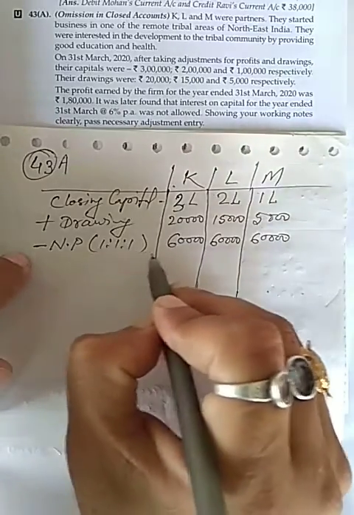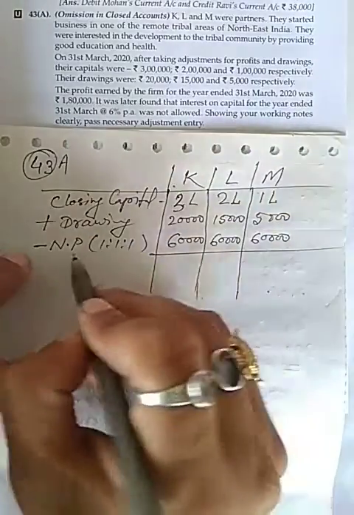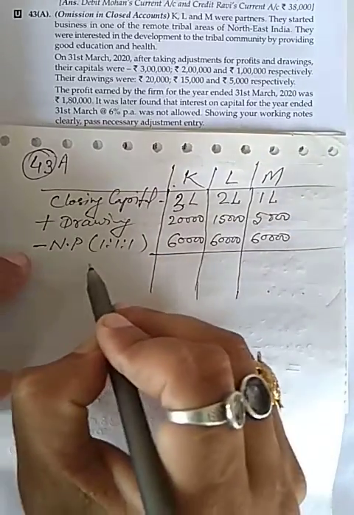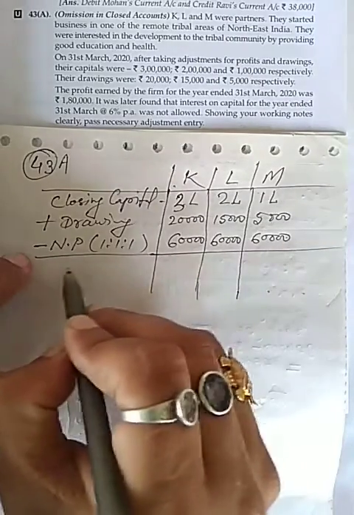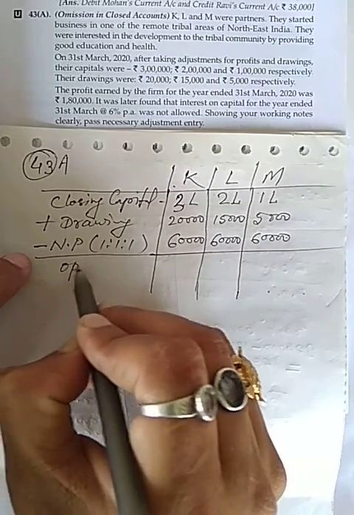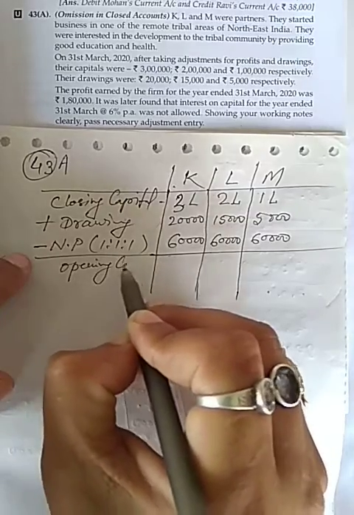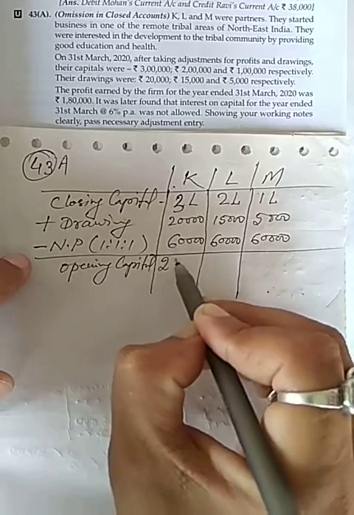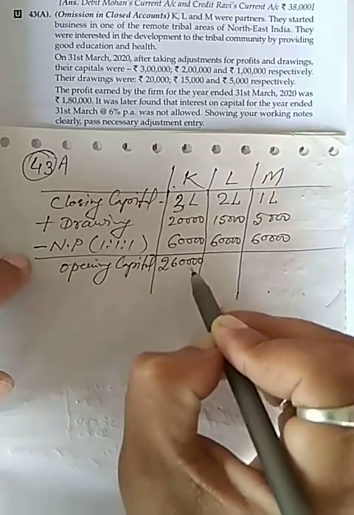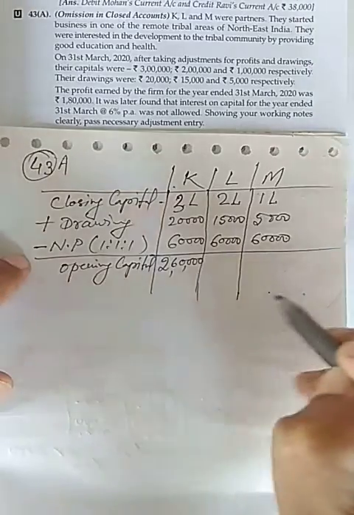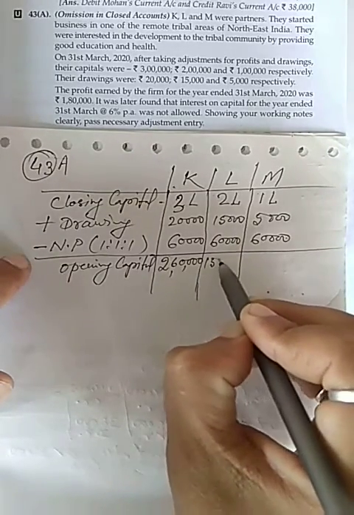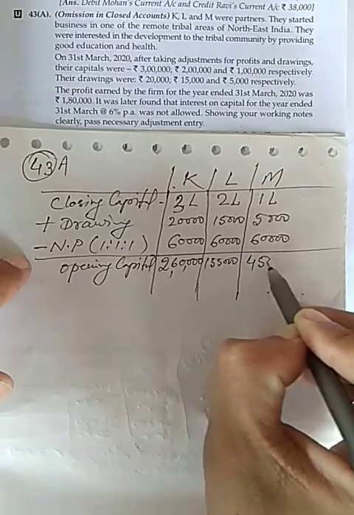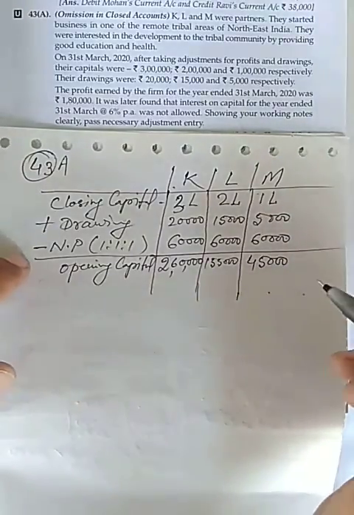When we deduct net profit and add drawings in closing capital, our opening capital will be 2,60,000, 1,55,000 and 45,000 respectively.